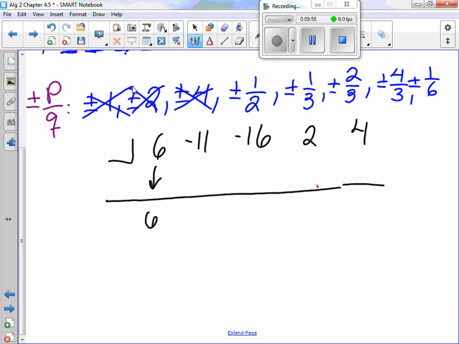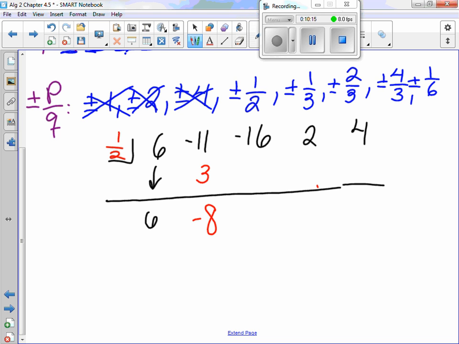You know what? Let's just try 1/2. Let's see, because it looks like it's going to be closer to 1, but let's just try 1/2. 1/2 times 6 is 3. Negative 11 plus 3 would be negative 8.